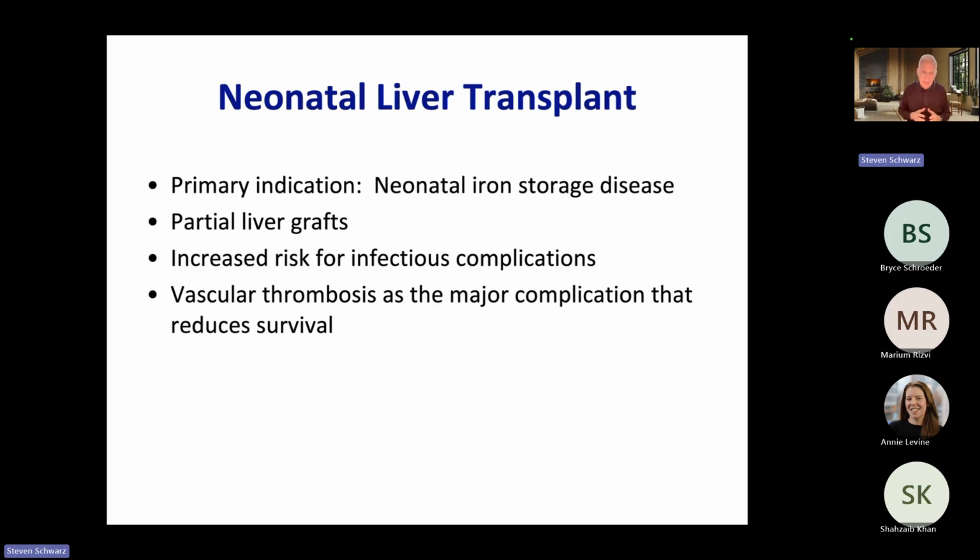Of course, in the neonatal period, there's an increased risk for infectious complications. And as we'll talk about later, the major problem with the neonatal liver transplant is the problem post-transplant of vascular thrombosis, obviously related to the size of the vessels that you are connecting.